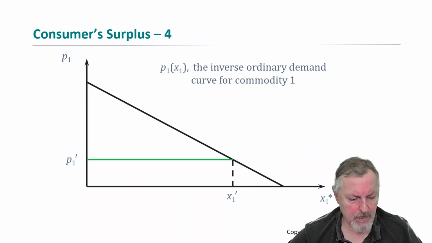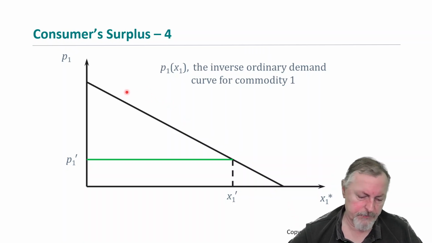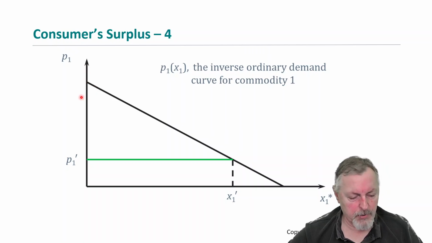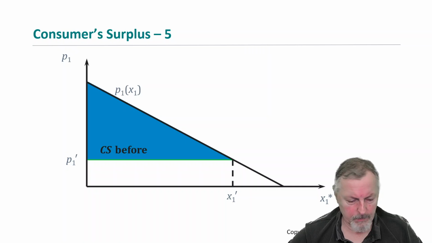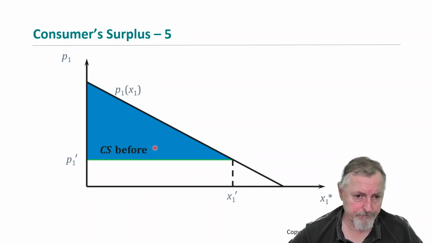Okay, here is the inverse demand curve. Price on the vertical axis, quantity on the horizontal. At this price, you will purchase that quantity. This would be your consumer surplus, the blue area.